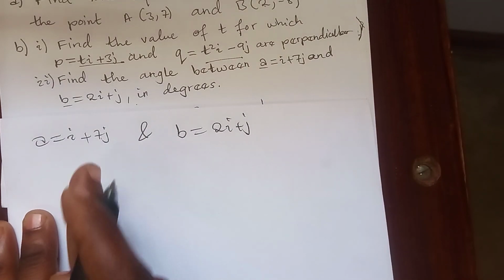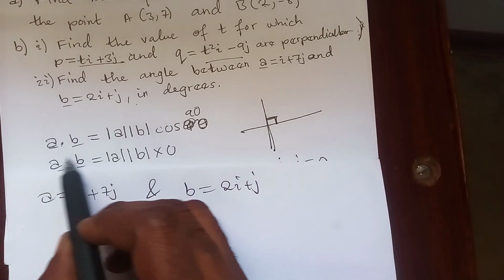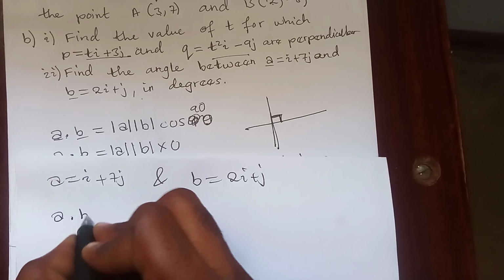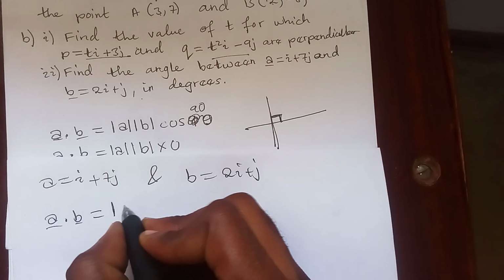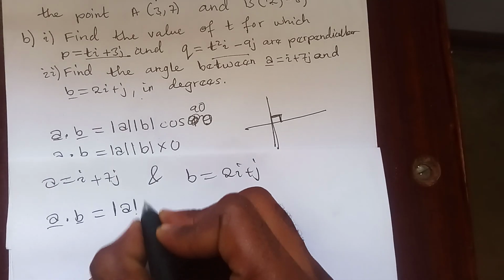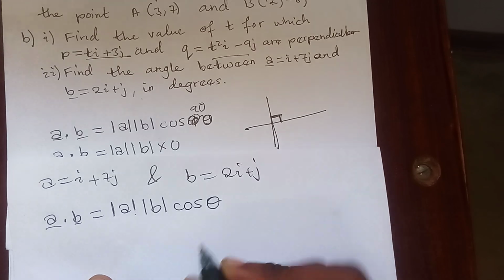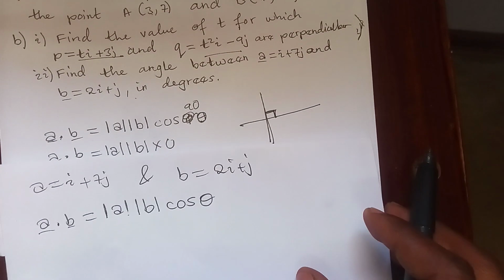So to find the angle between these two, you can use this formula here. So we have A dot B, the dot product of A and B is equal to the modulus of A multiplied by the modulus of B cos theta, where theta is the angle between the two given vectors.